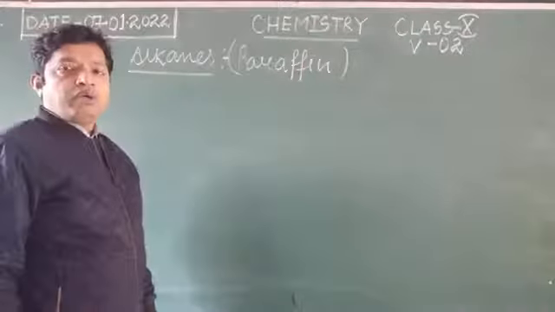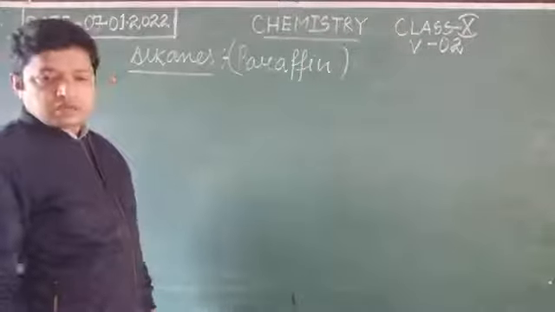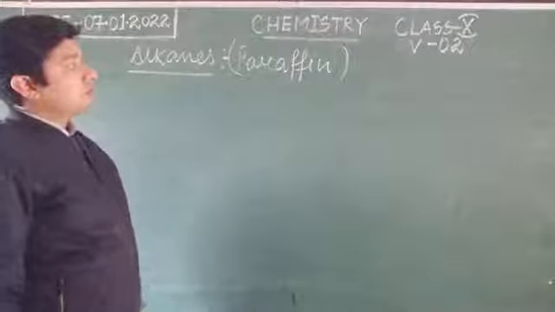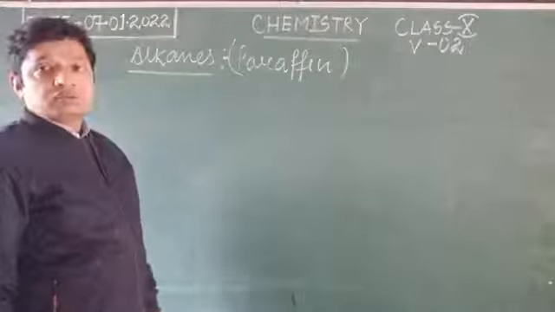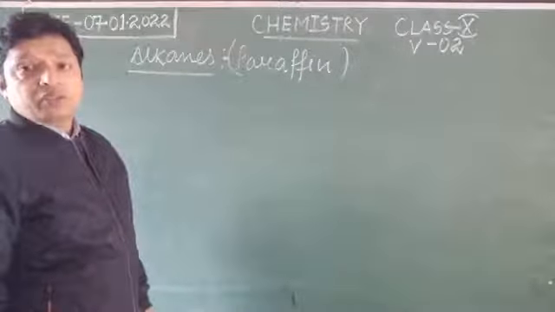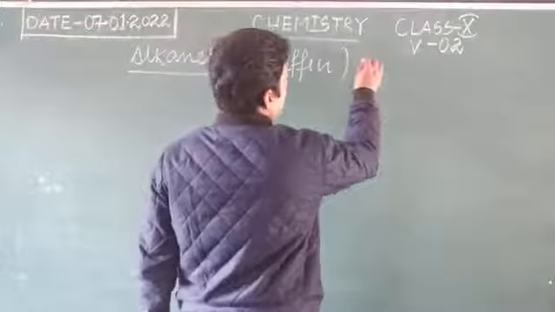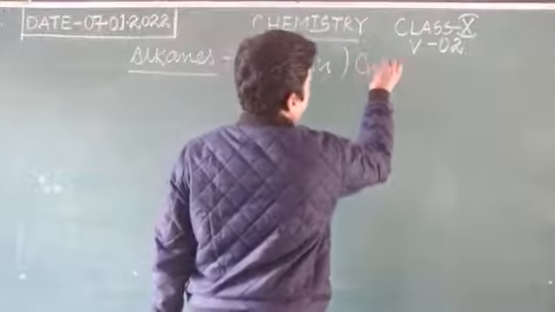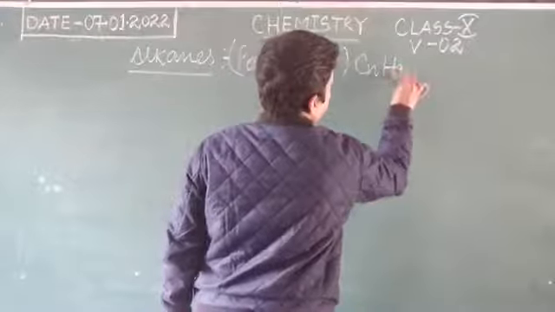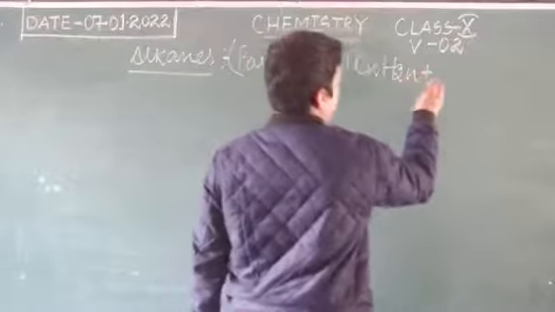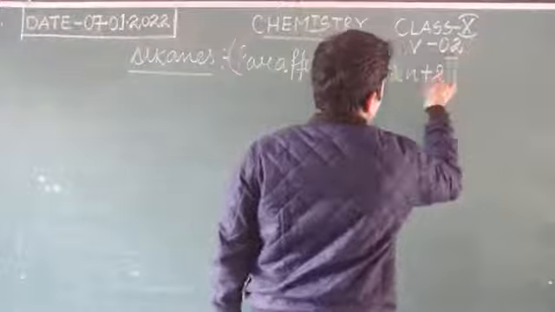Now, how can we identify the alkanes and what are the members of alkanes? Alkanes are based on the general formula CnH2n+2.